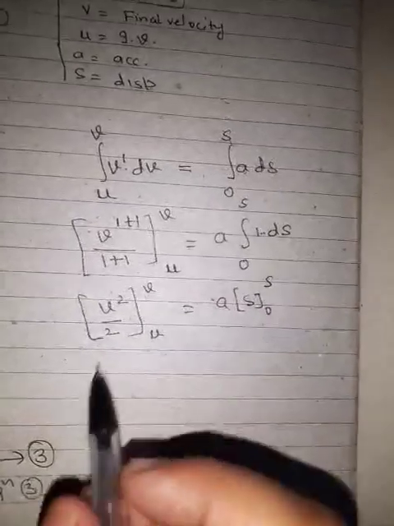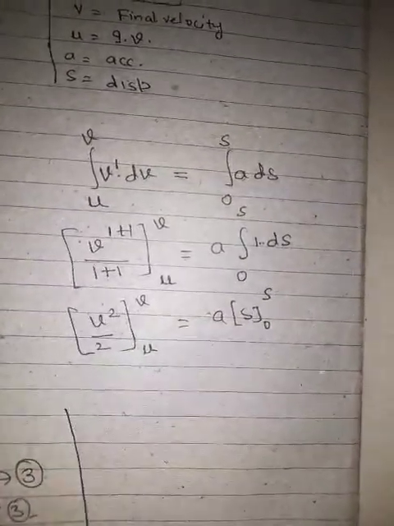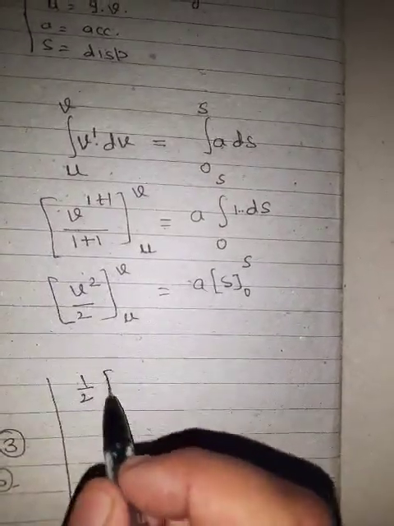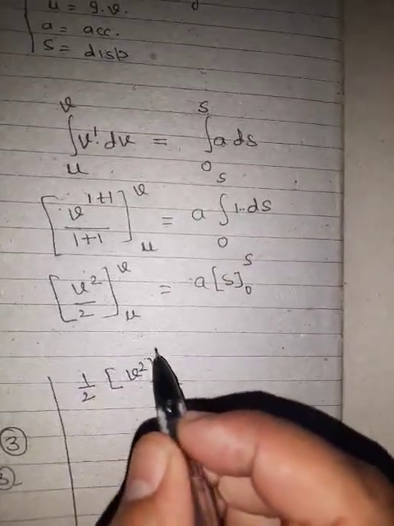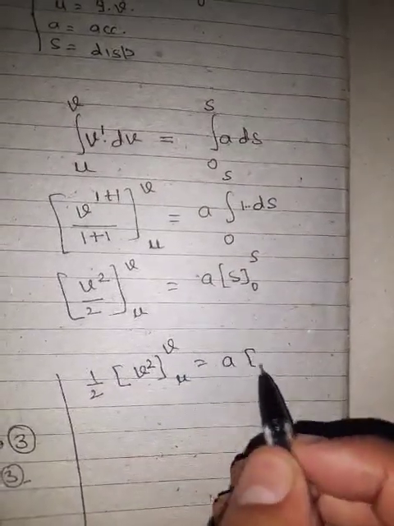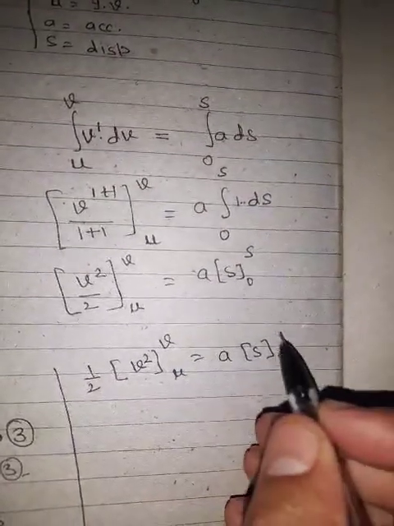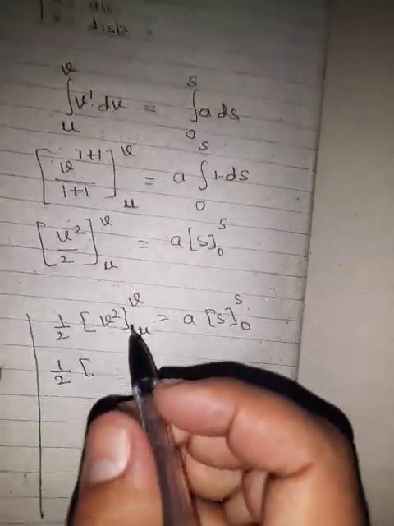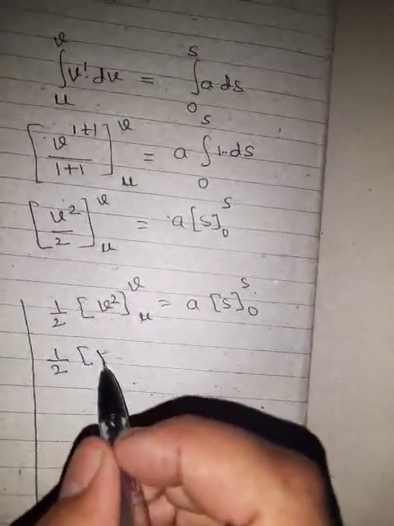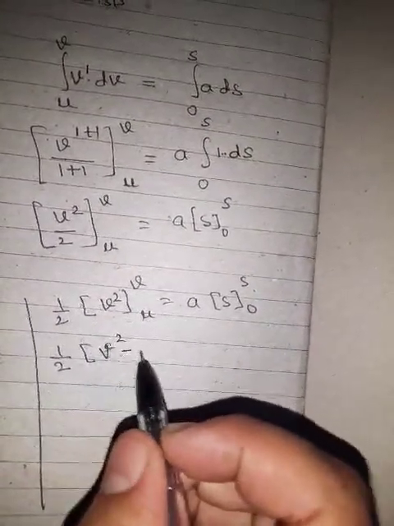Now 1 by 2 is a constant, so we write it outside, and we have v square from u to v. Applying upper limit minus lower limit, that is v square minus u square.